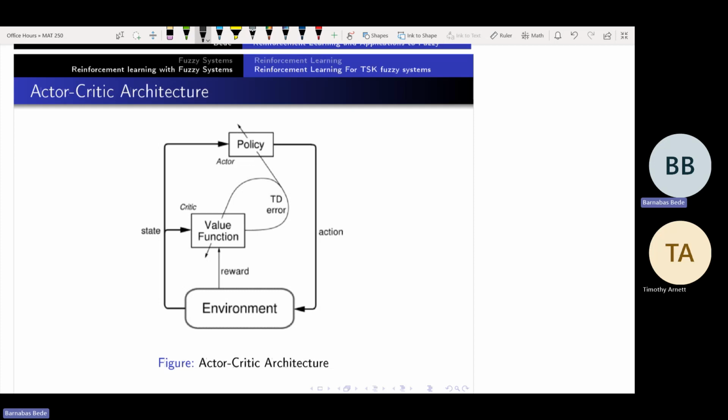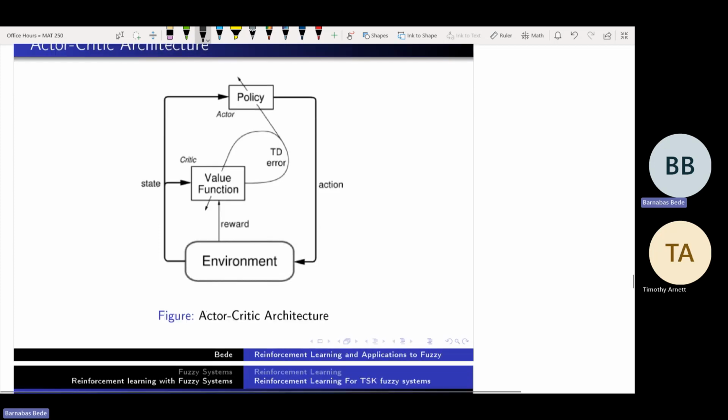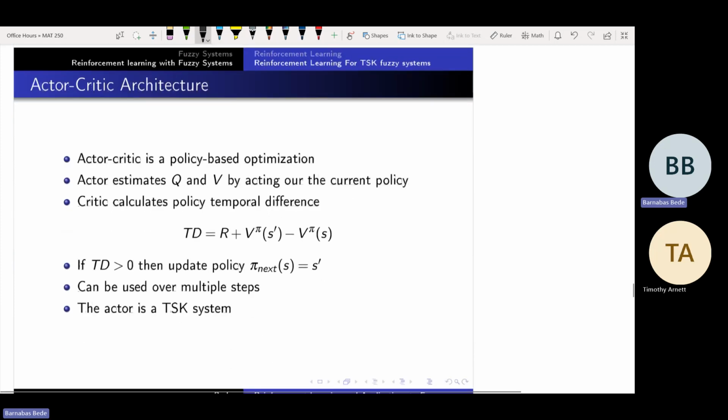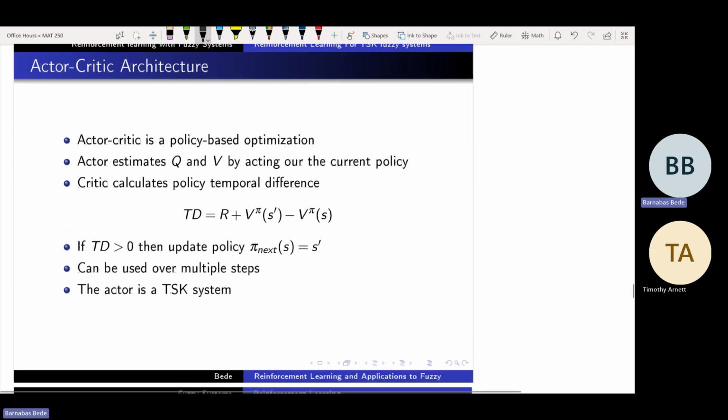If it's worse, you update your network in the opposite direction. So basically you maximize your reward based on that. Yes. So the temporal difference is basically the reward plus the value based on next action minus the value based on previous action. Yes.